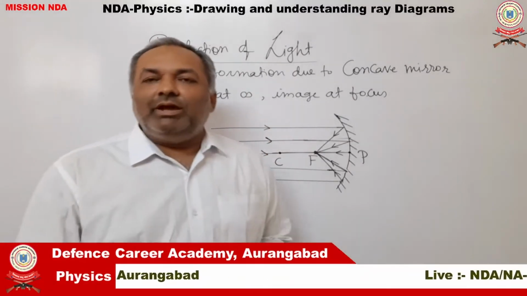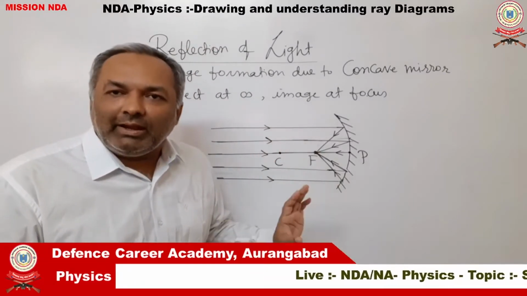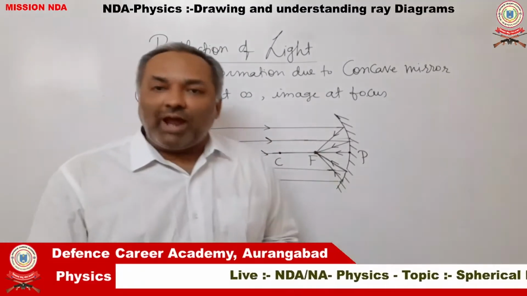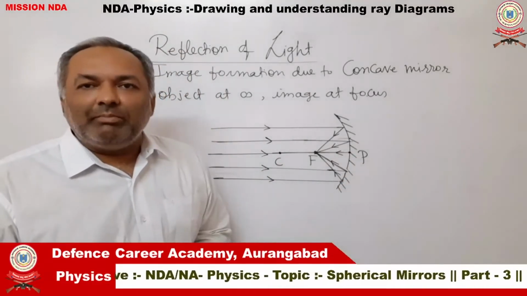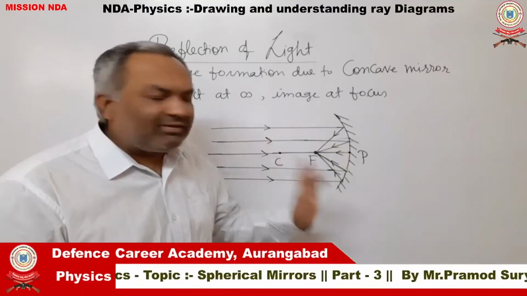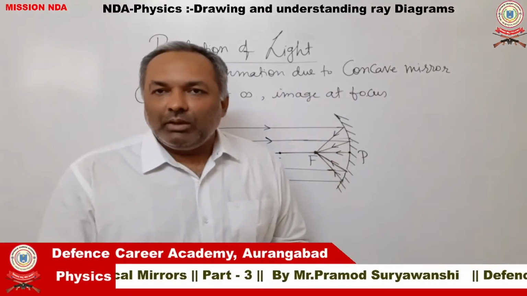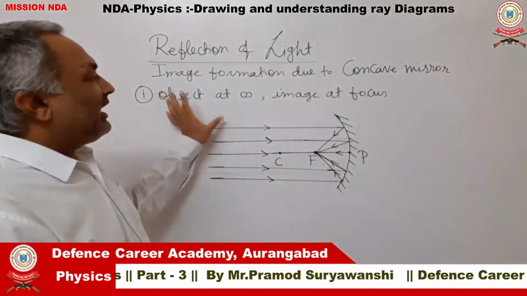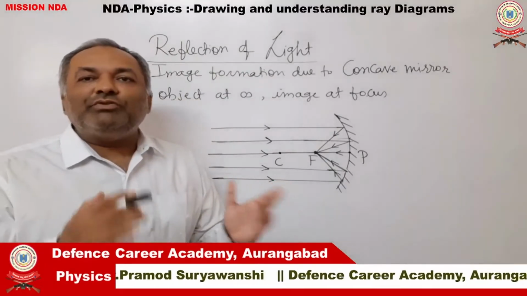You must be able to distinguish between an ordinary line and a ray of light, either an incident ray or a reflected ray. So please remember, always show incident rays as well as reflected rays by arrows, exactly the way I have shown here. So, object at infinity, image at focus. This is about the position of the image.